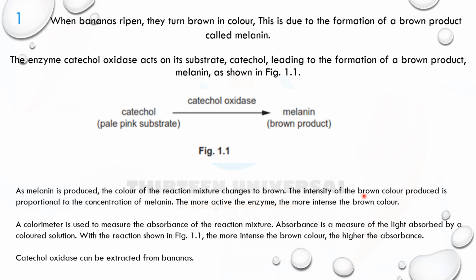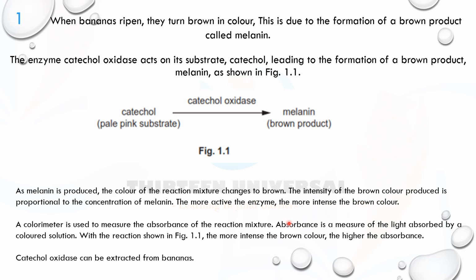The intensity of the brown color produced is proportional to the concentration of melanin. That means that as melanin concentration increases, the intensity increases, right? Melanin concentration increases because the rate of reaction is high. When the rate of reaction is high, melanin concentration will increase, then intensity of the color will increase. The more active the enzyme, the more intense the color.